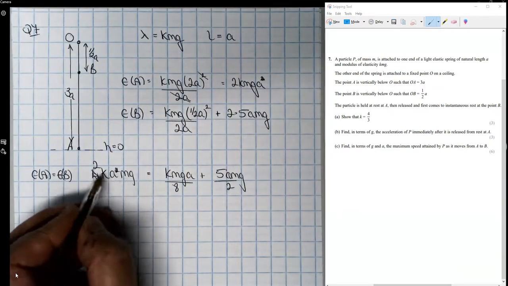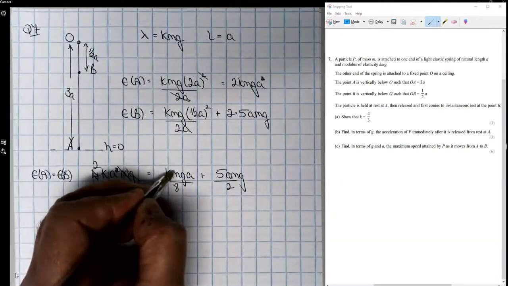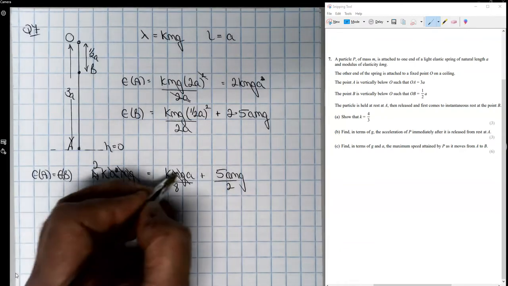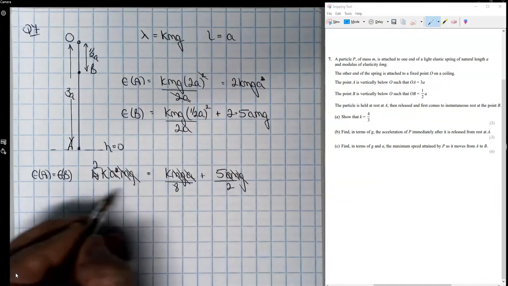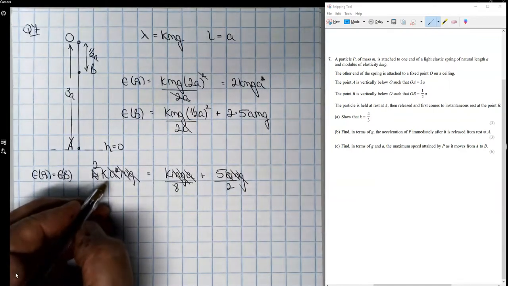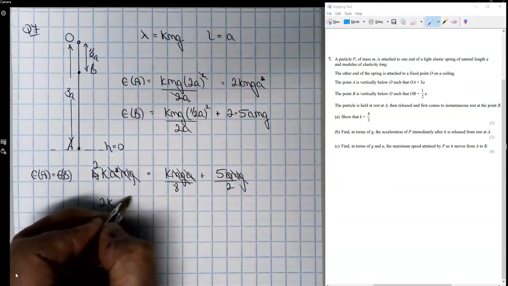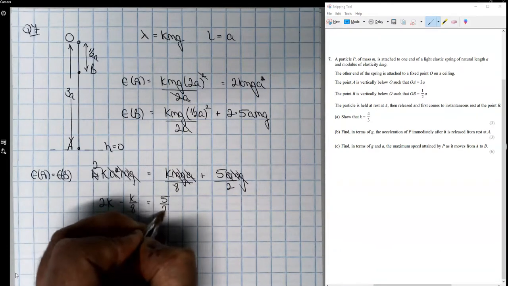So now we've got 2kmg and we've got kmg over 8. So get rid of the m's, the g's, and the a's, in fact. So we've got 2k, take away k over 8 equals 5 over 2.